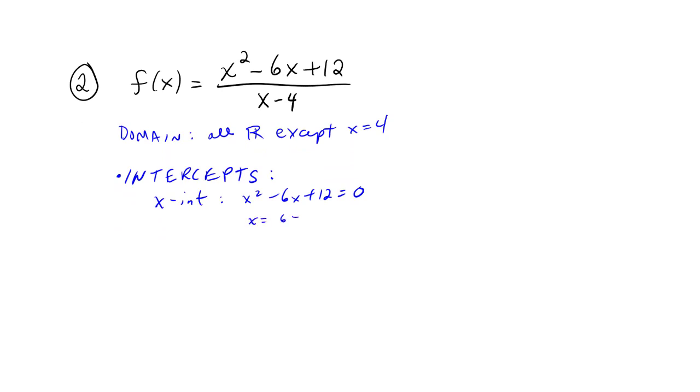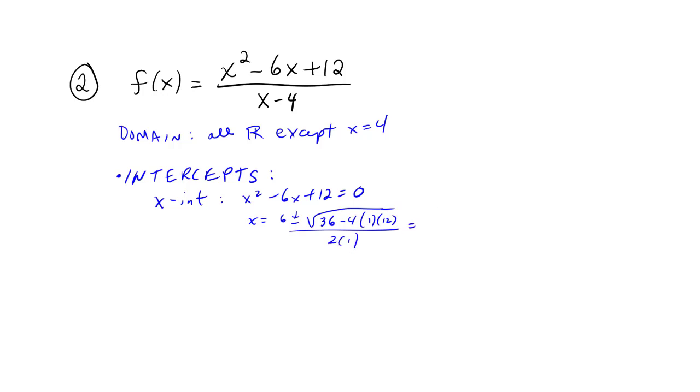Negative b, so 6, plus or minus the square root of b squared, which would be 36, minus 4, a is 1 and c is 12, over 2a, so 2 times 1.